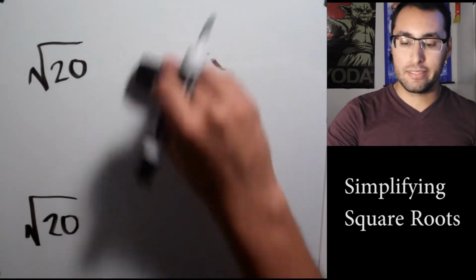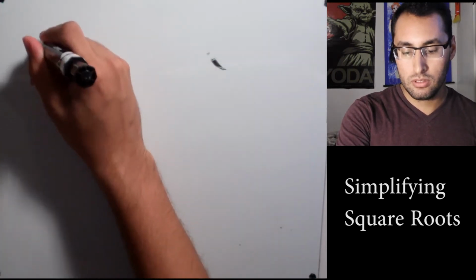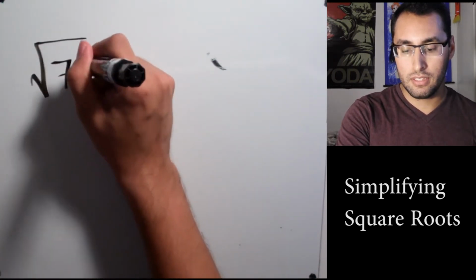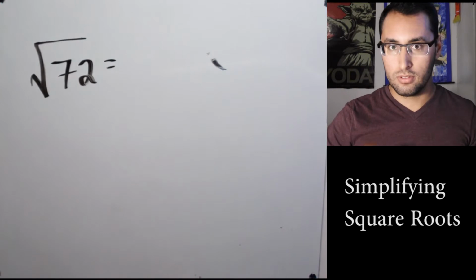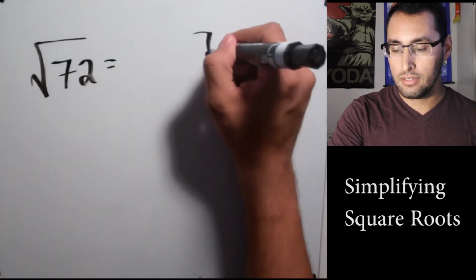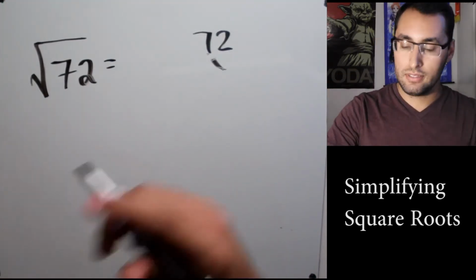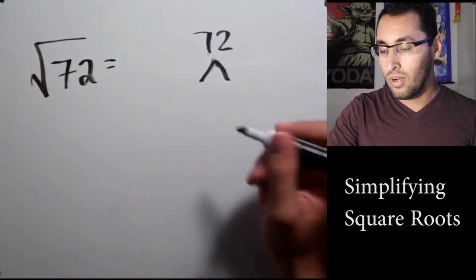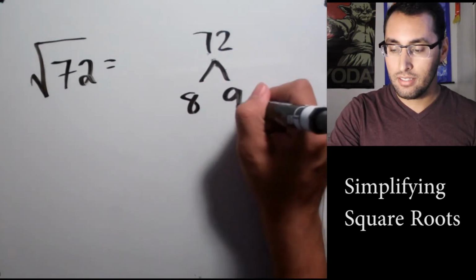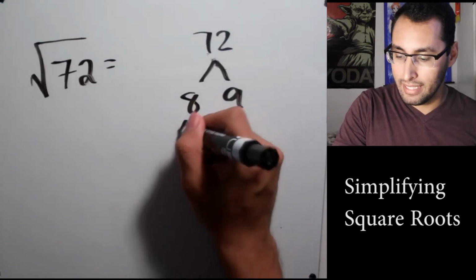Let's do the square root of 72. This one's going to be more difficult, and you're going to see why. Again, the factor tree. There is no number that can multiply by itself to get 72, but let's do some factors. 8 and 9 can both go into 72. Let's break down 8.